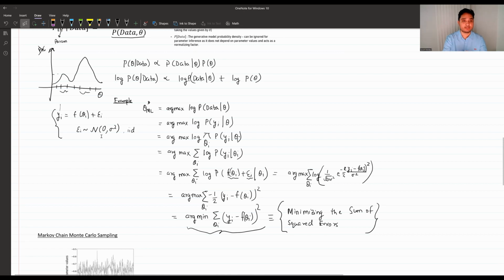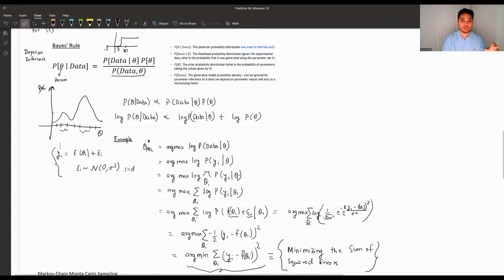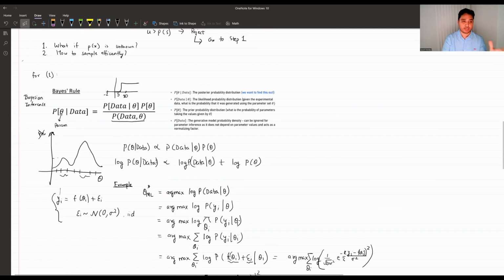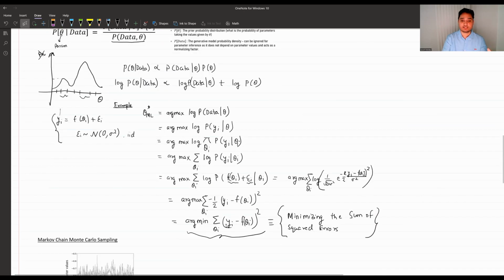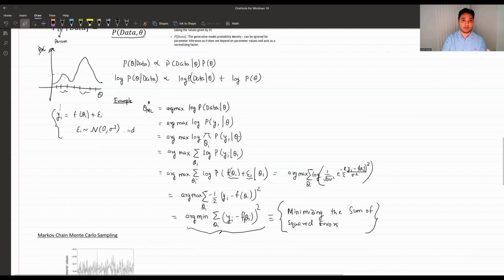Nevertheless, we can still apply this method, but the convergence would then be much more empirical, and we would have to judge whether the algorithm has converged or not by using empirical measurements and not by mathematical proofs. So that's the crux of Bayesian inference, which we can use. And for general models where even when the noise is not Gaussian like this, we can still minimize the sum of errors. But as I said, the convergence will not be guaranteed.